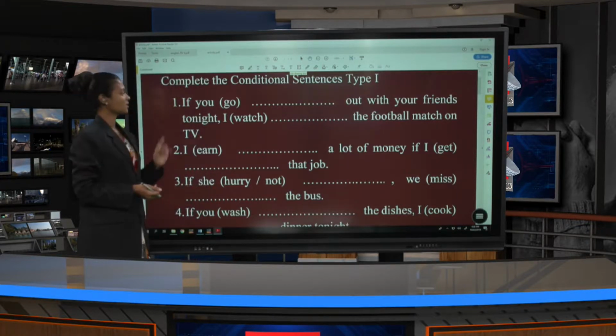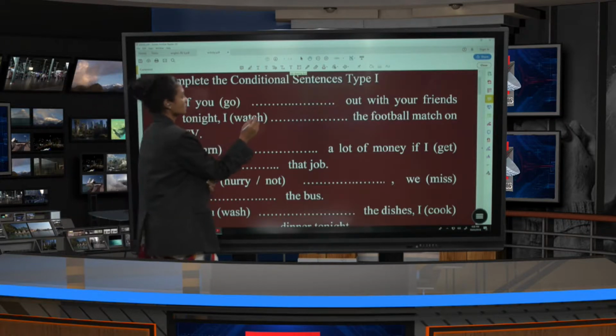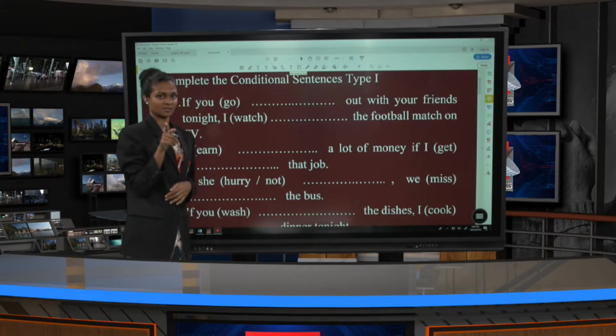Right, we will start if plus simple present, right?